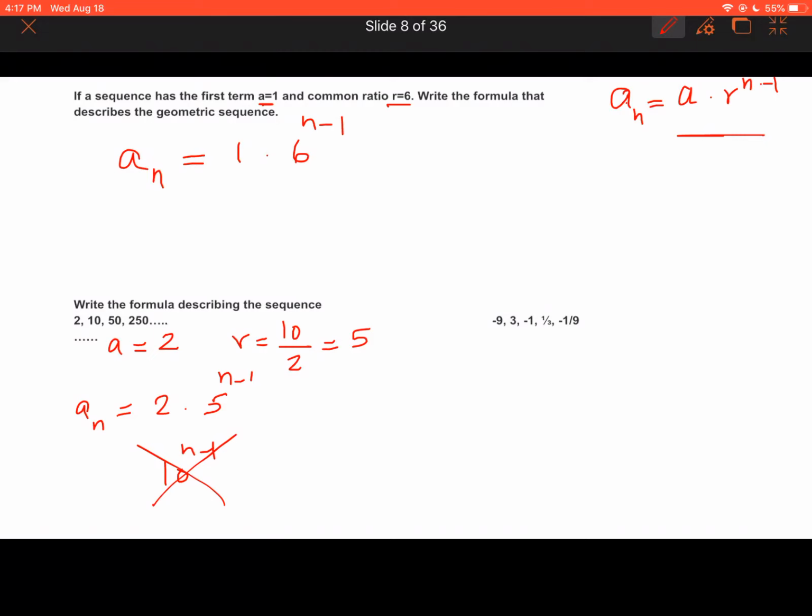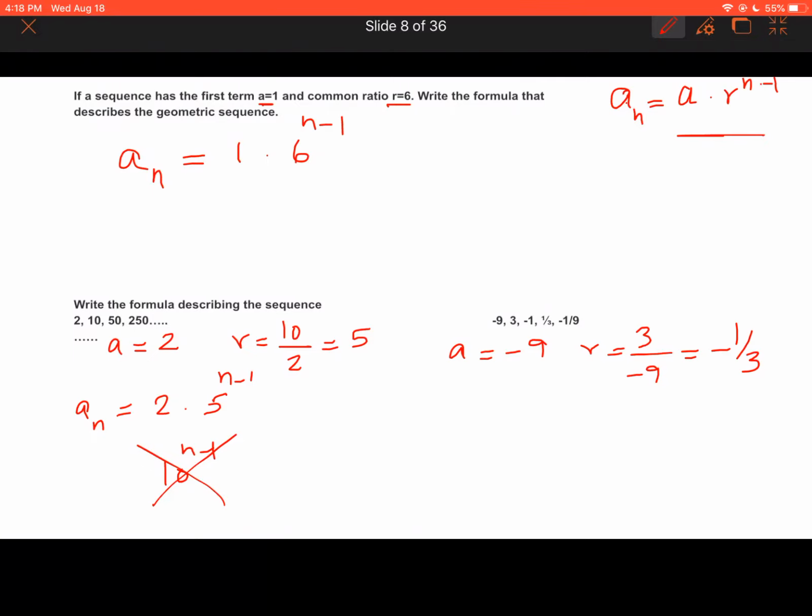Next sum is minus 9, 3, minus 1, 1/3 and minus 1/9. So this alternating sign indicates that the r value is going to be a negative number. This is a small idea we have to keep in mind, which will be helpful in some problems. Now the value of a is minus 9, and we find the value of r by dividing the terms, so it is going to be minus 1/3.